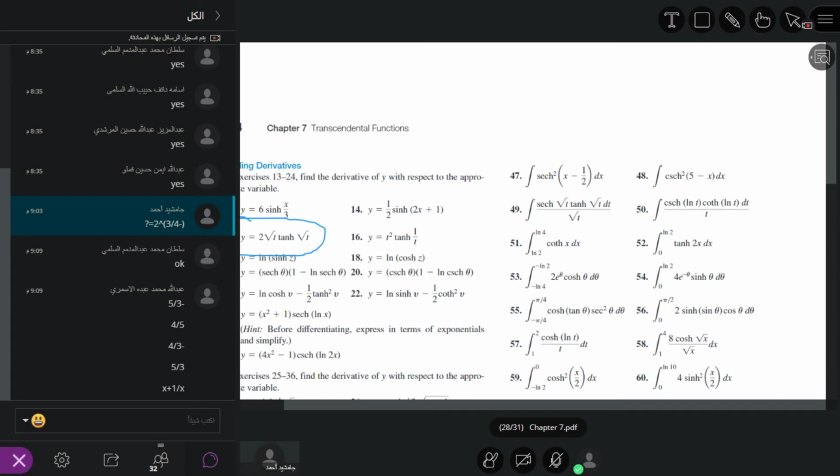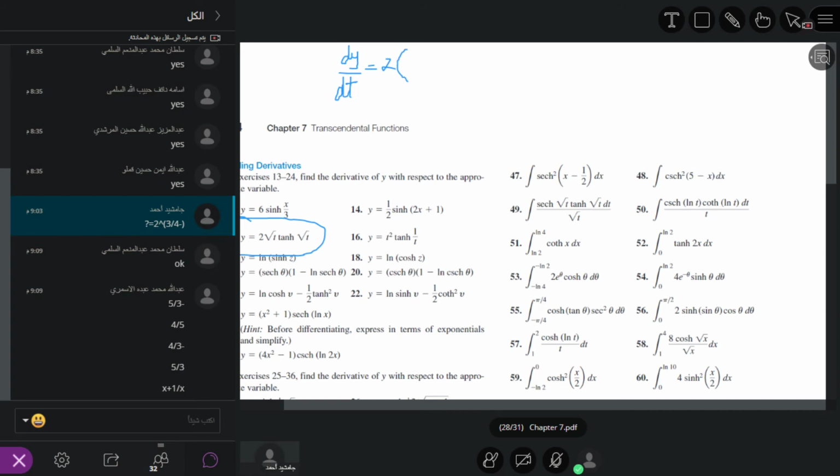So now I solve here. On the top, I take the derivative of y with respect to t. 2 is a constant, so it will go outside.